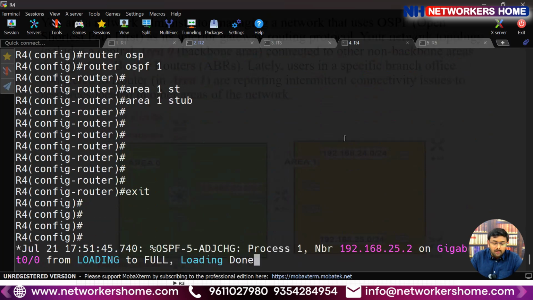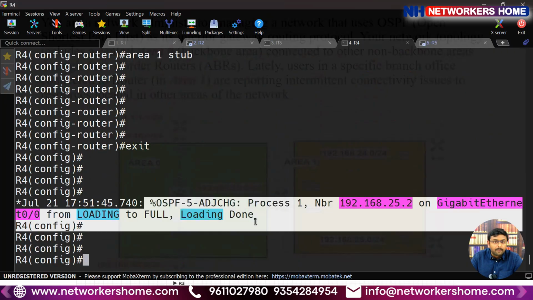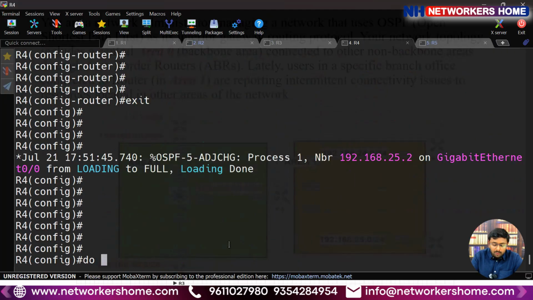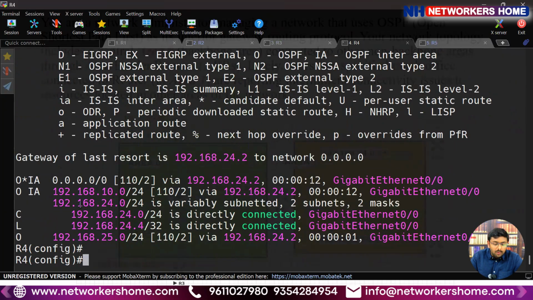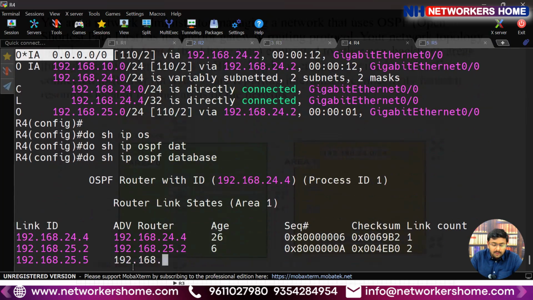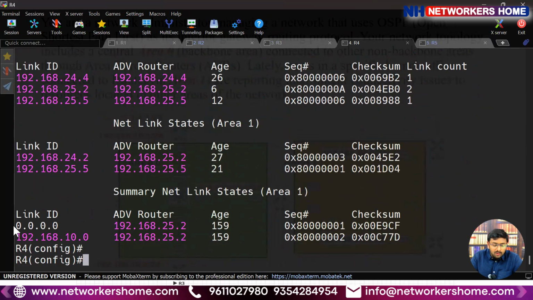Now if we check on router 4, it formed the neighborship. When you check the routing table, do show ip route, we see here we are getting the information 0.0.0.0/0. And if we check do show ip ospf database, here also we have this one.